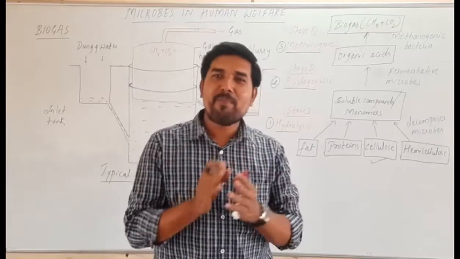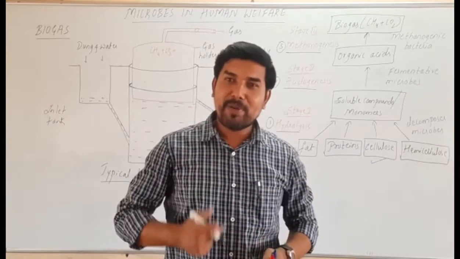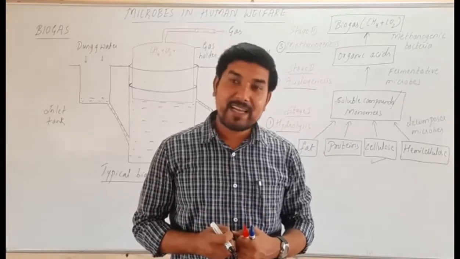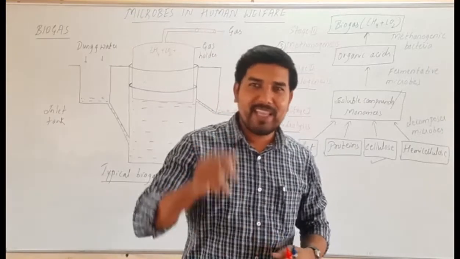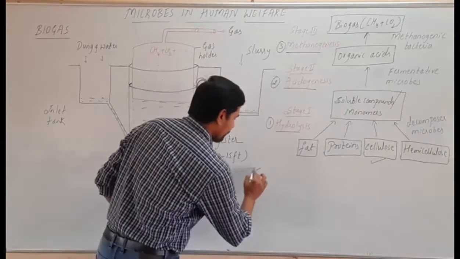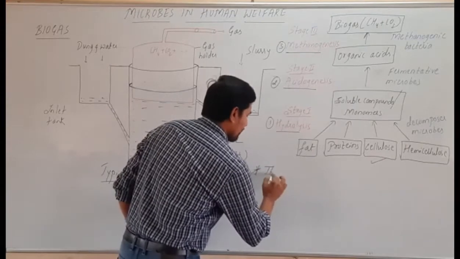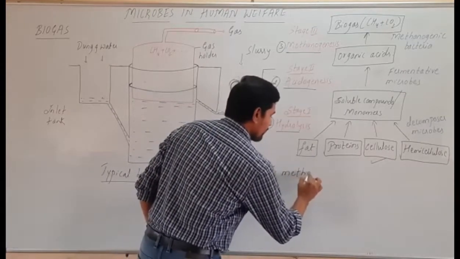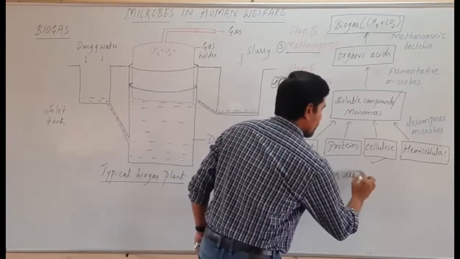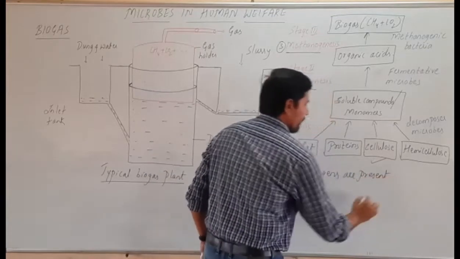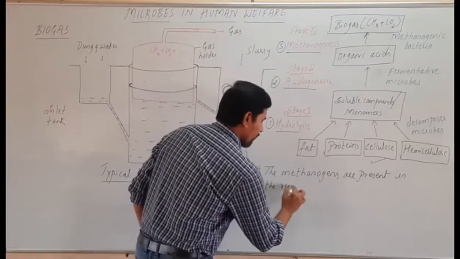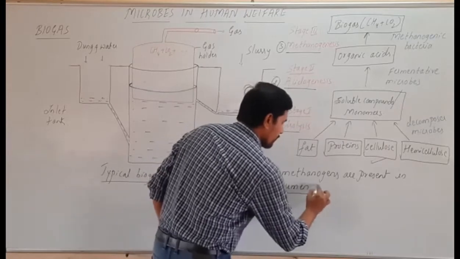What is the use of methanogens in the rumen of cattle? That means, does it produce biogas in its gut region? No. Here we have a most important function. Okay, so let's go to the function. The methanogens are present in the rumen of cattle.